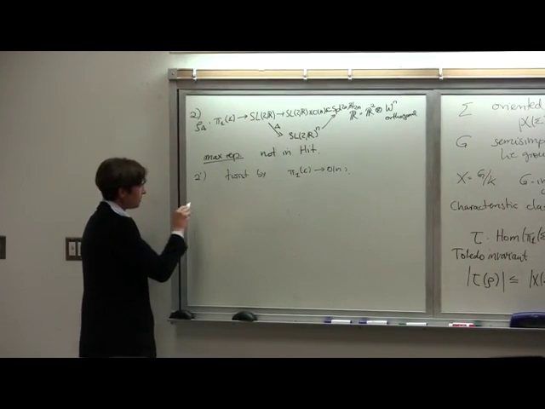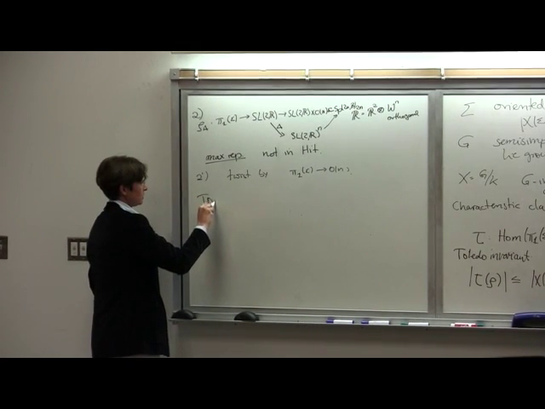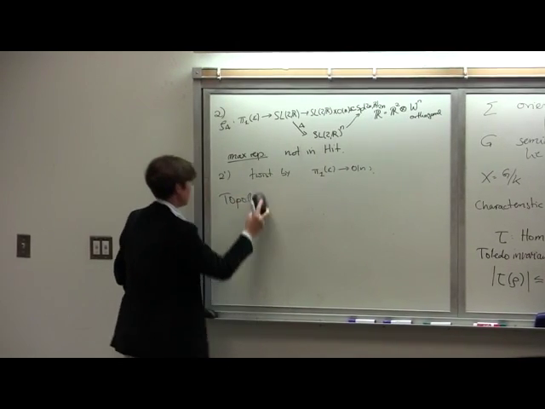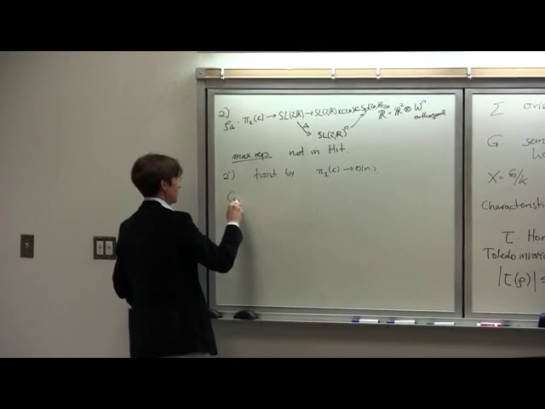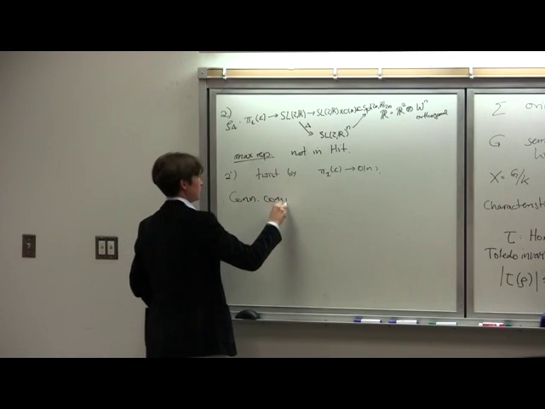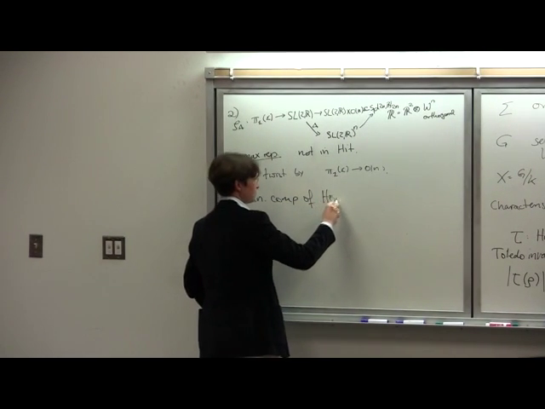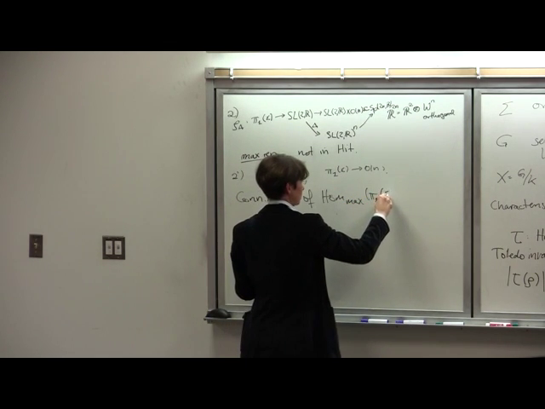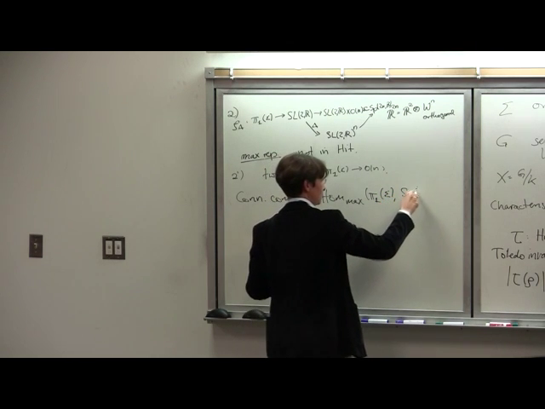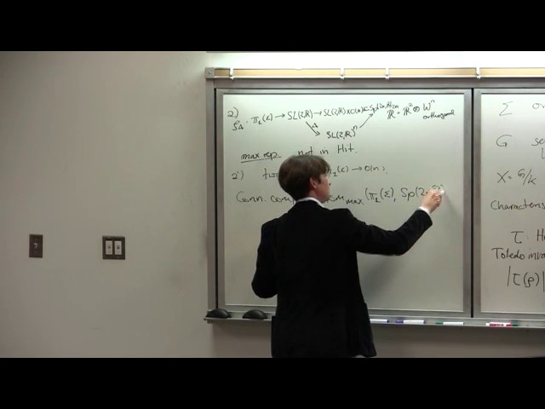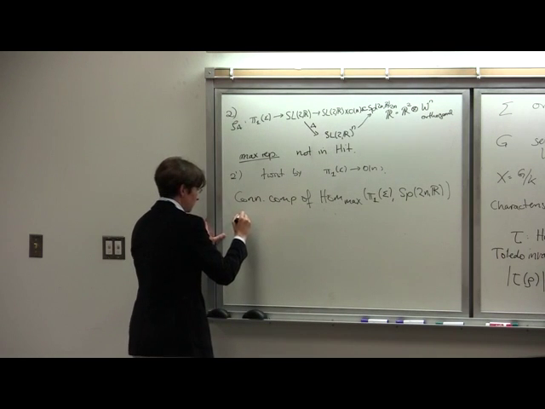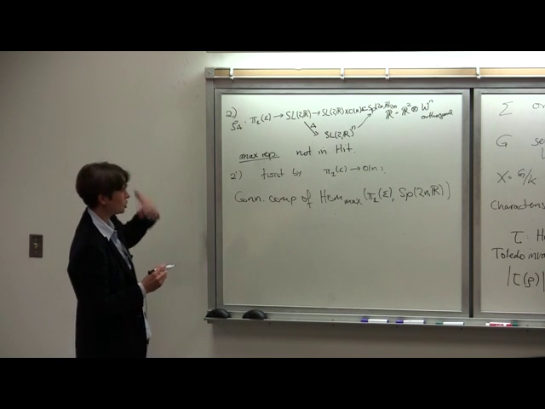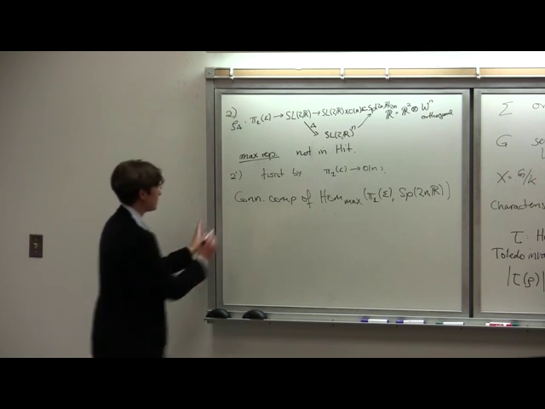So there are results on the number of connected components of the space of maximal representations. Let's just write it for the symplectic group, Sp2nR. There's a precise count of the number of connected components, which goes through methods from the theory of Higgs bundles.